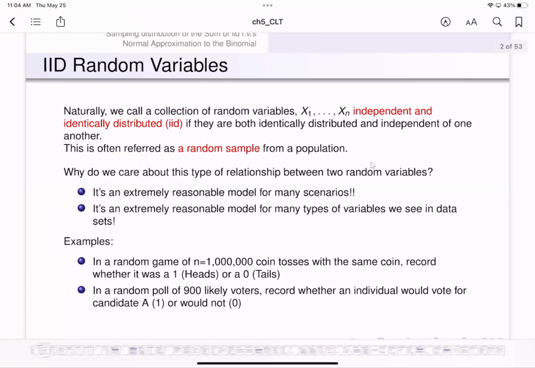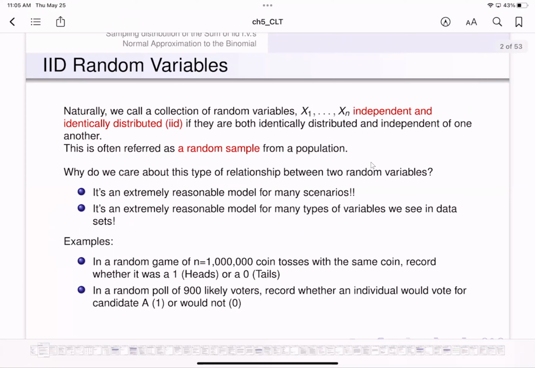First, let's go over the definition of the i.i.d. random variable or random sample. When we have some parameter of interest, we need to estimate that. Generally, we always need to collect multiple samples from the same population having that parameter.